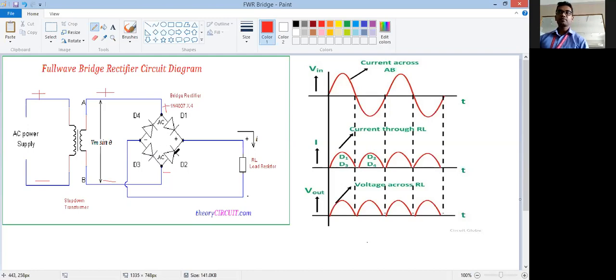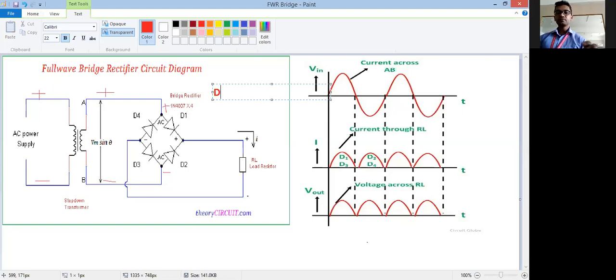Correct? So you can write here that D1, D3 are forward, hence they are on.